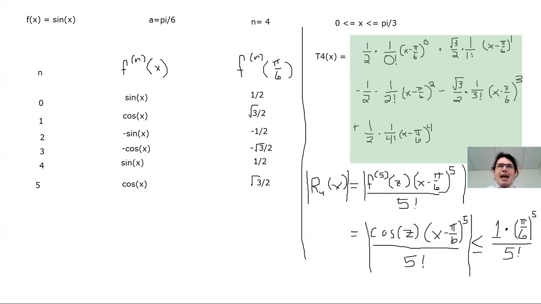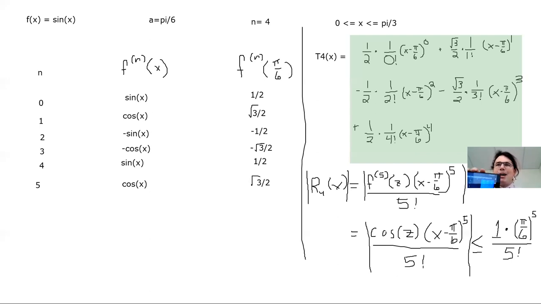So as long as x is a number between 0 and pi over 3, I am guaranteed to have this fraction as the worst possible error I could see.